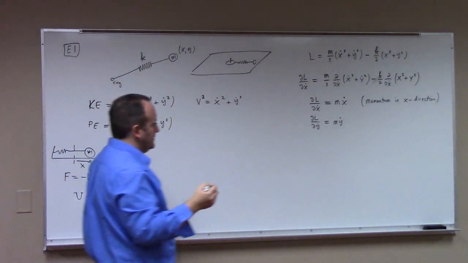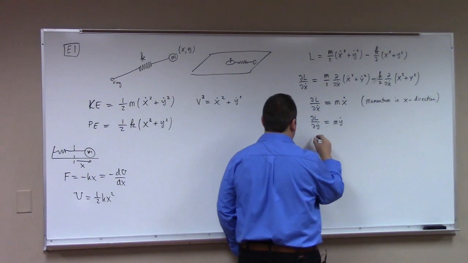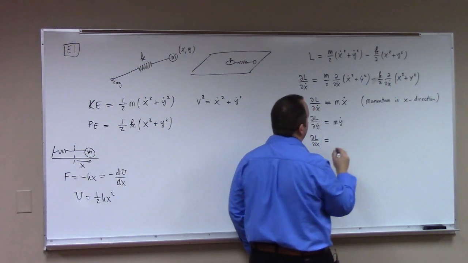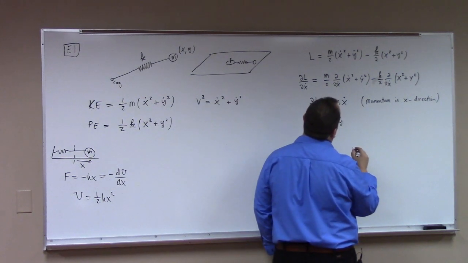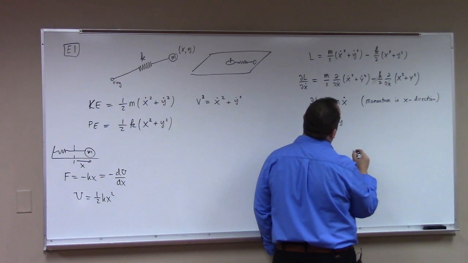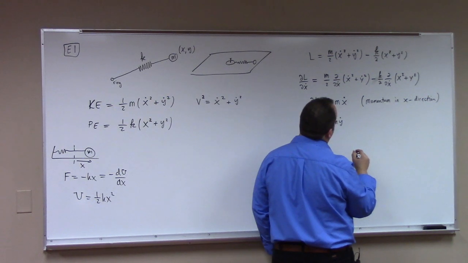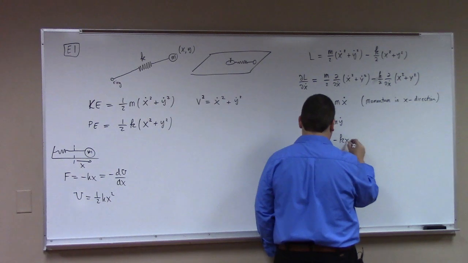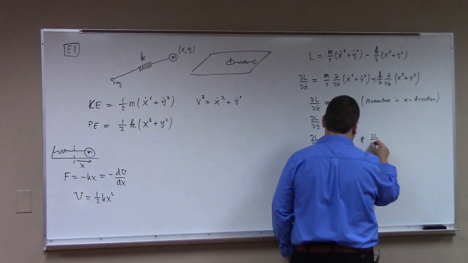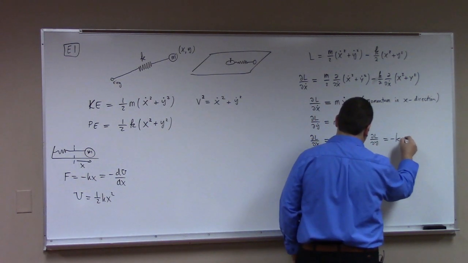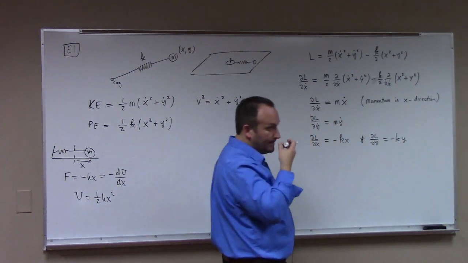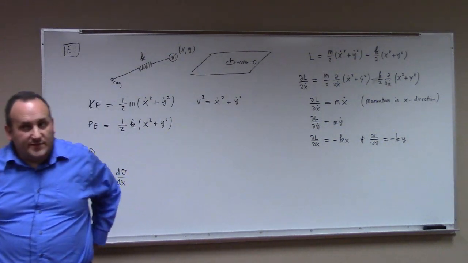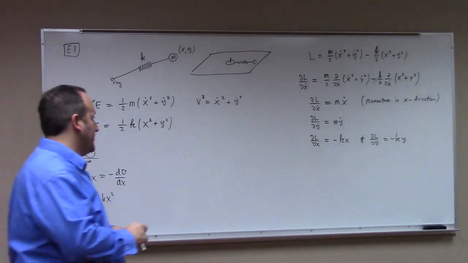So what's partial L partial x? I believe we get minus kx, right? And partial L partial y is minus k times y. Because the partial derivatives of x dot and y dot with respect to x and y are assumed to be 0. All right, so let's put it all together.